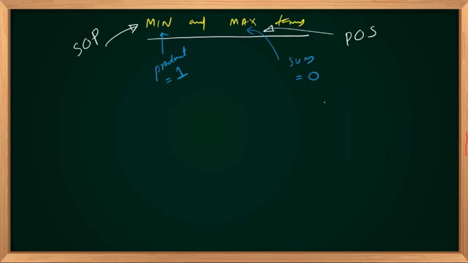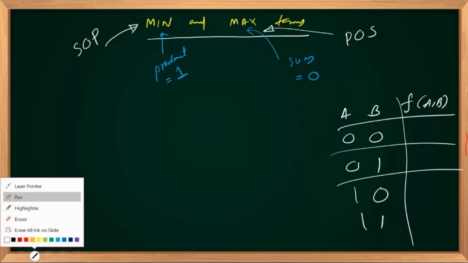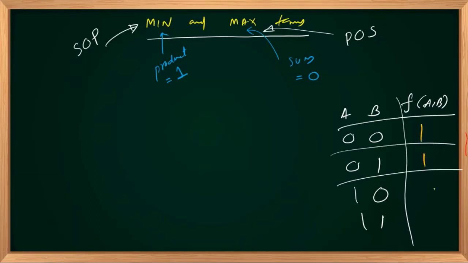For example, if you have a two variable system, let us say A and B, with combinations 00, 01, 10, 11, and this is my function f. Its arguments are the inputs A comma B. Let us say f is 1 1 0 0.